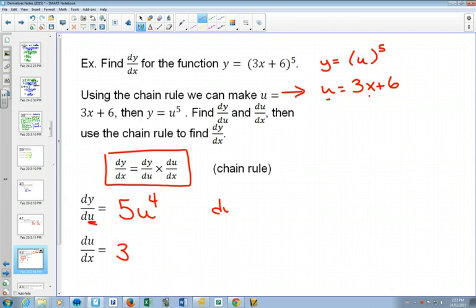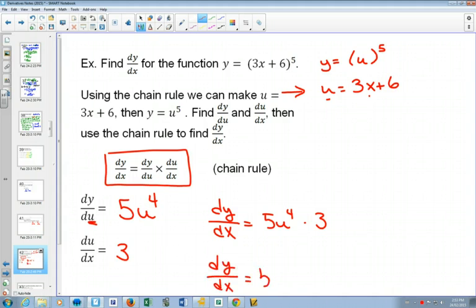So then dy dx would be dy du, which we've already figured out was 5u to the 4, times du dx, which we figured out was 3. And finally, you just substitute back.